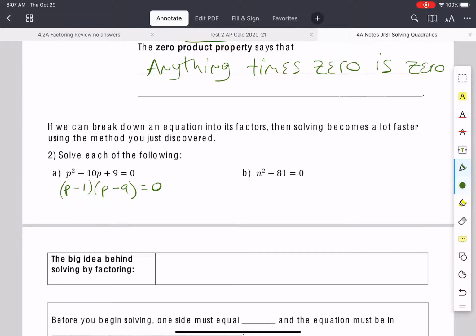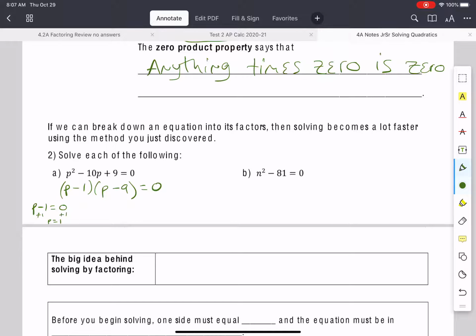What number would make that first factor 0? Plus 1, right? Think of it like this. P minus 1 equals 0, so P would equal 1. If P is 1, what does this first factor equal?